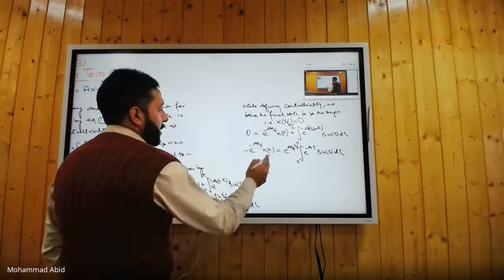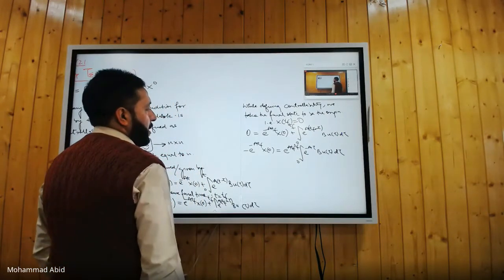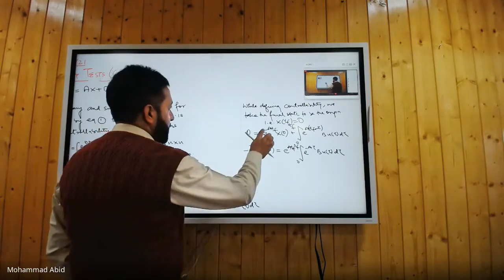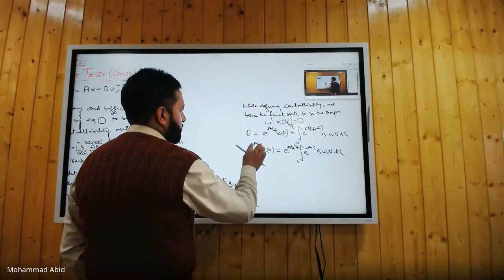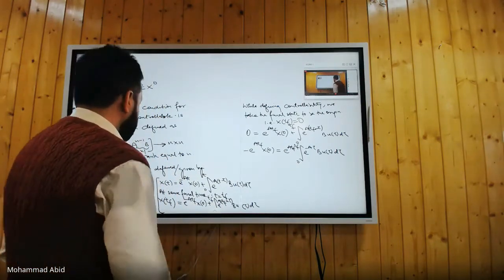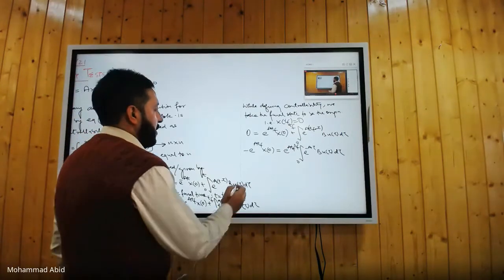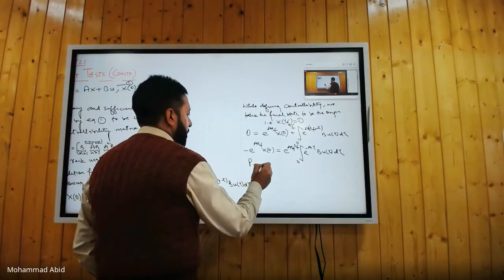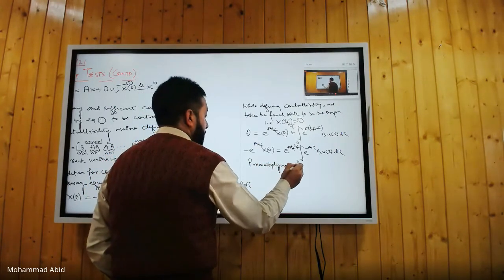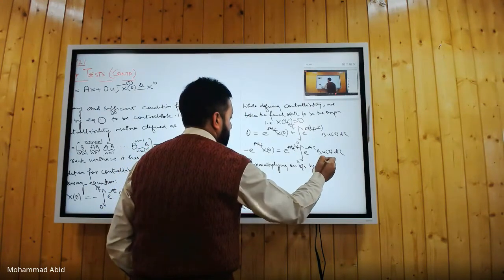So now I pre-multiply on both sides by e to the power minus A tf.